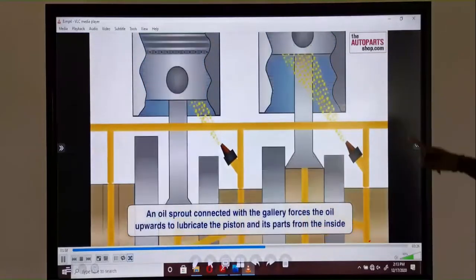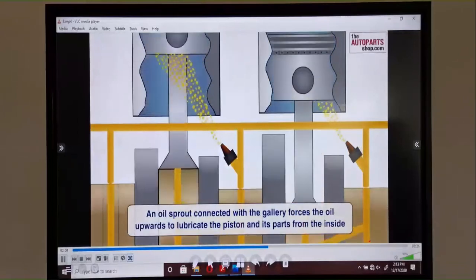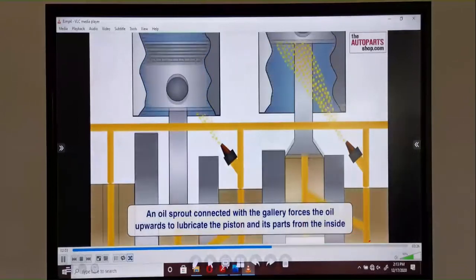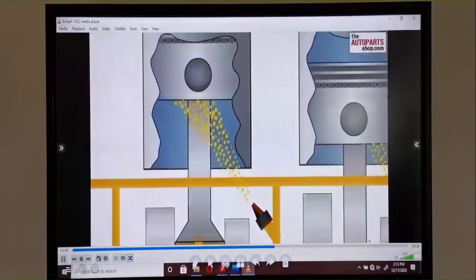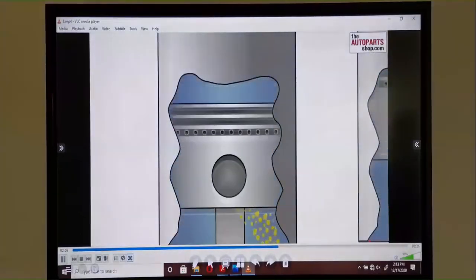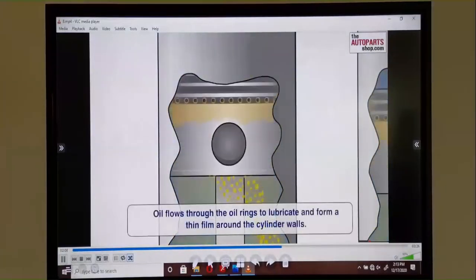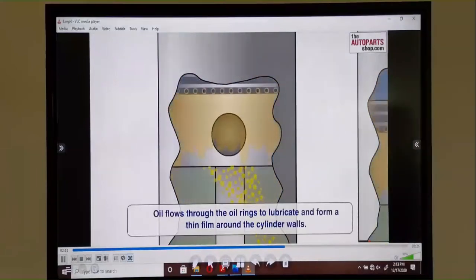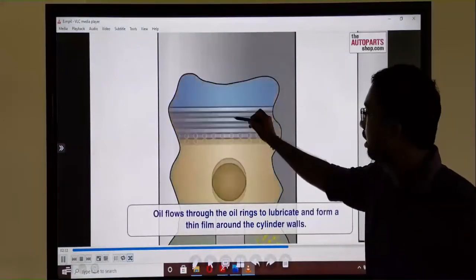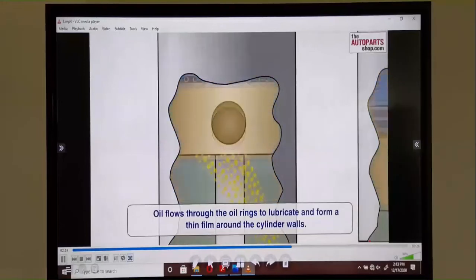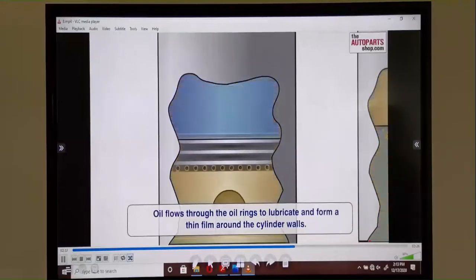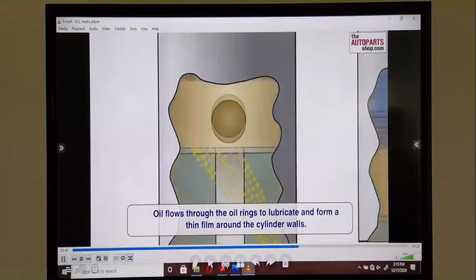The sprout sprays the oil to the inside wall of the cylinder and piston and the piston rings also. The oil rings, there are oil rings here on the piston. That's also lubricated by this oil.